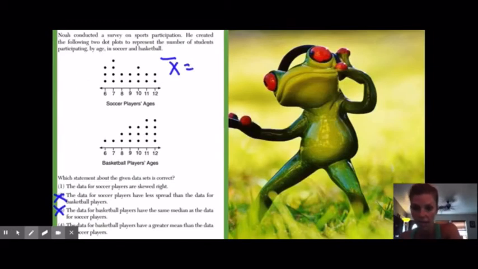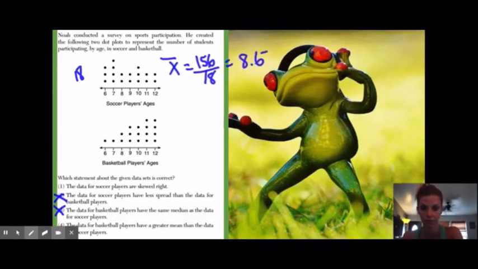And there's a total of, count the dots, 1, 2, 3, up to 18. So there's 18 people. So I got 156 divided by 18. So the average age for the soccer player is 8.67 really.